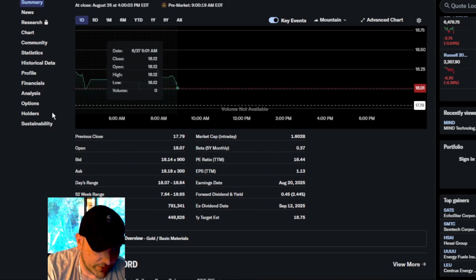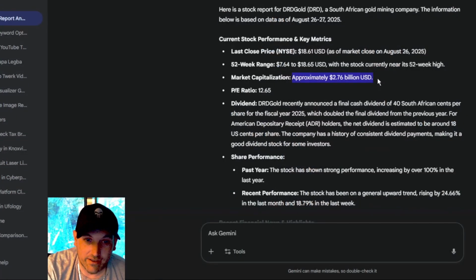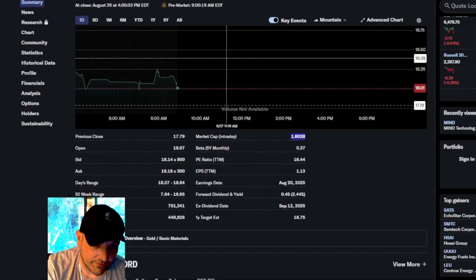Where's market cap? We got to look for it. It's right there. And this is saying intraday 1.6. So Yahoo Finance may not even be correct. The AI is pulling from multiple sources, not just one source. So I would lean towards Gemini is probably correct versus Yahoo Finance.